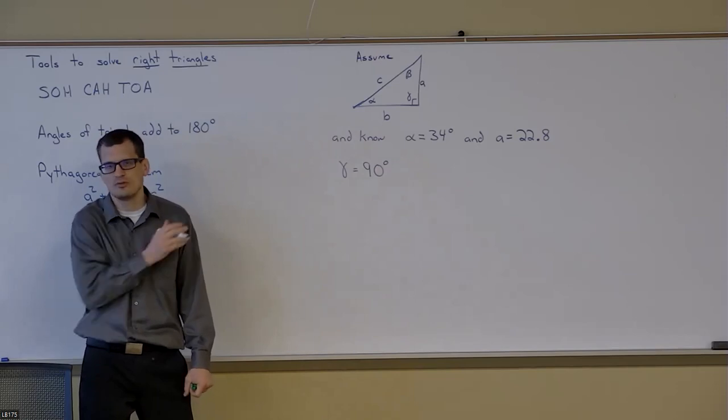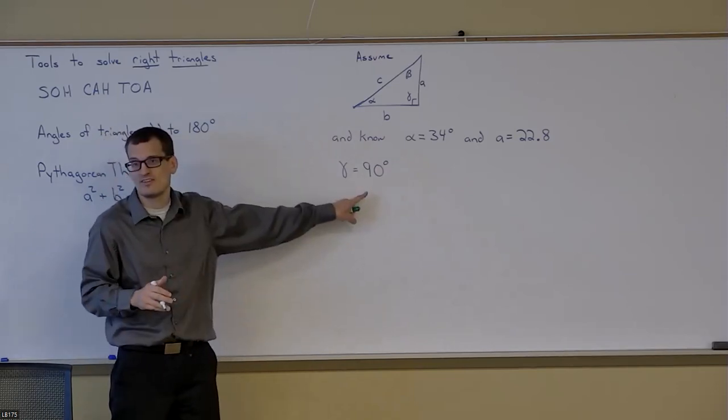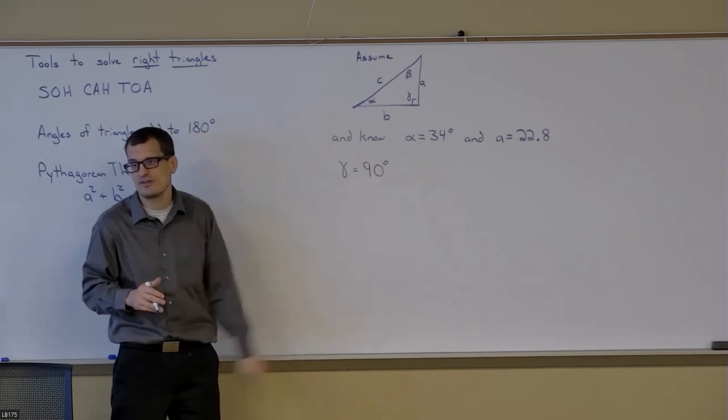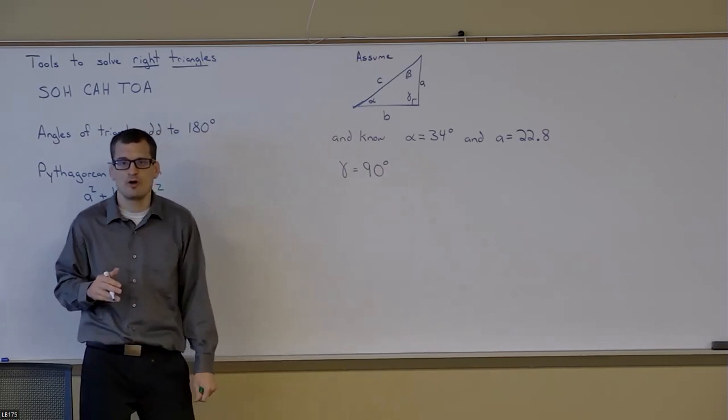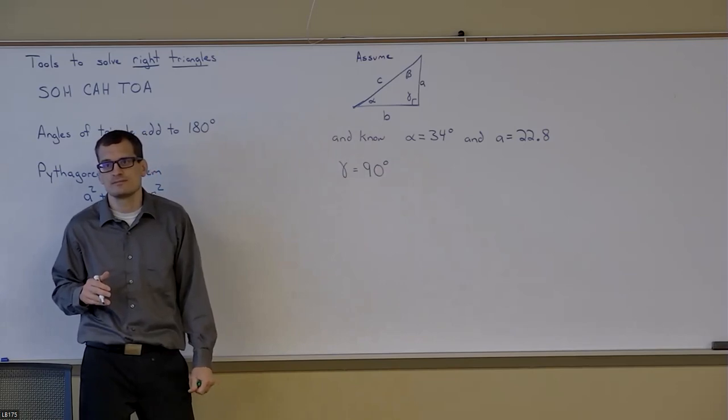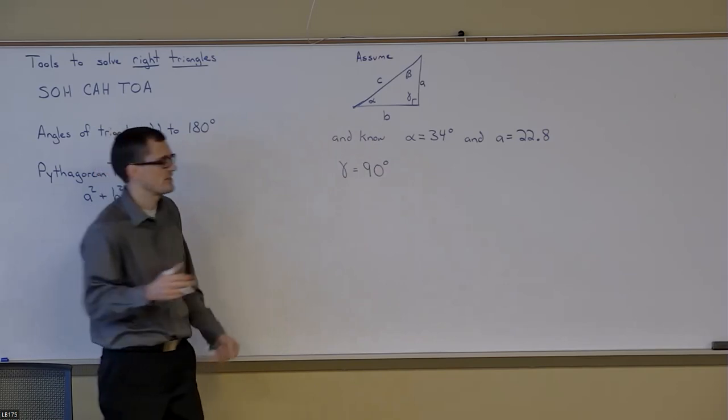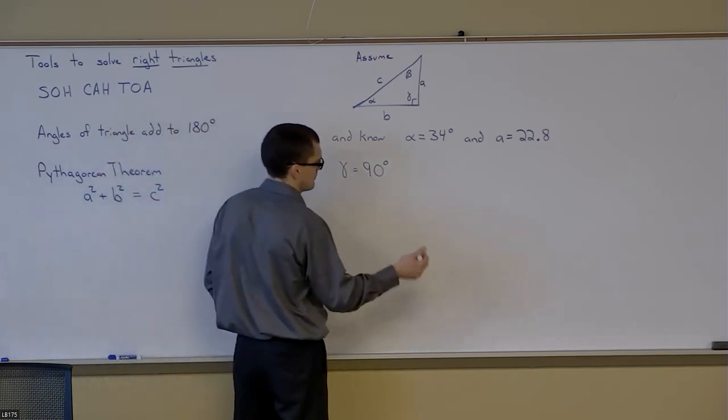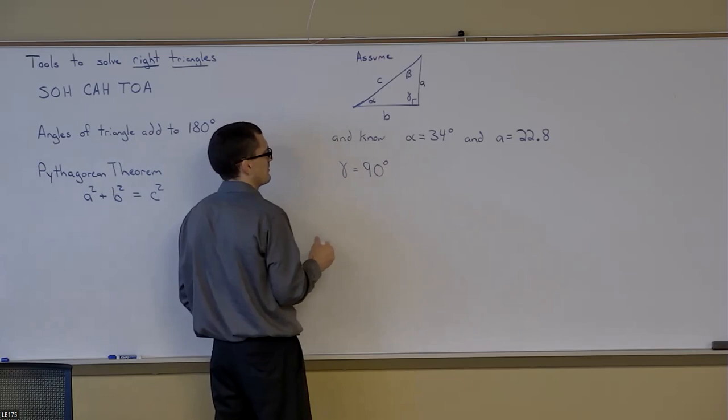In fact, you won't even be asked for that on the test or the homework. It'll just say, here we're dealing with right triangles, and it'll say, now what's A, what's alpha, what's B, what's beta, what's C.